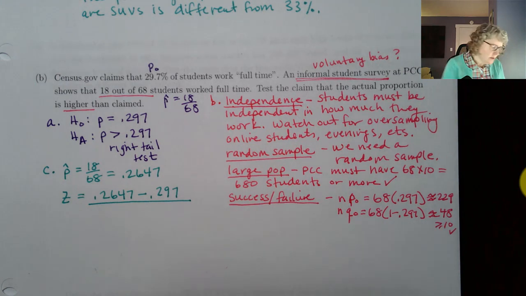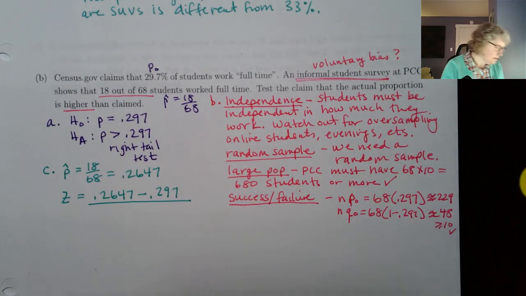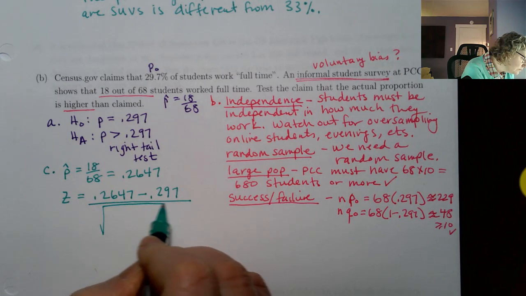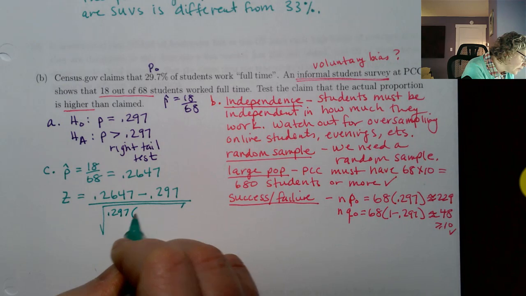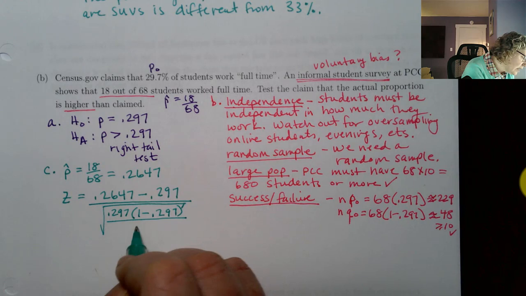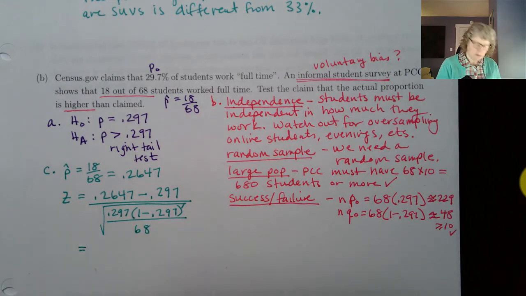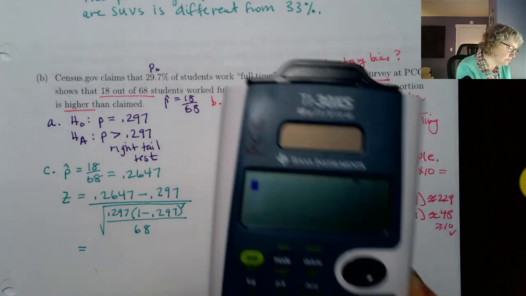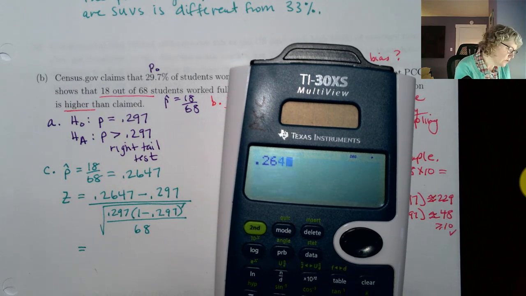Okay, so I've got the p hat minus p0. Now I need to do the square root of p0 q0 over n. I'm going to save lots of space here. So we've got 0.297 times parentheses 1 minus 0.297, all over n, which is 68. Let's figure out what this number is. 0.2647 minus 0.297.